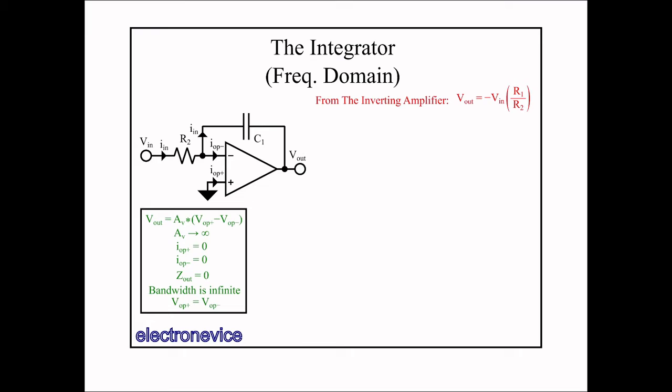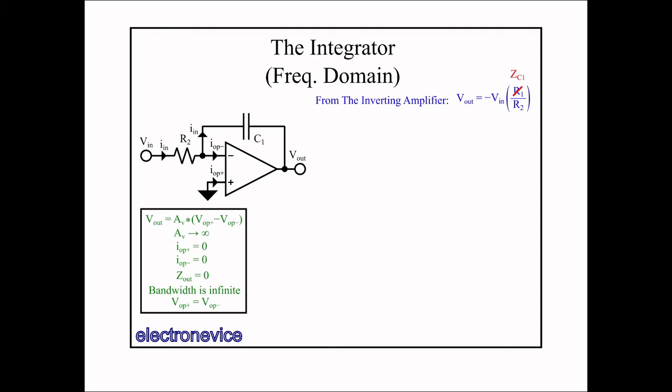So, in the frequency domain, the most straightforward analysis is to take the equation we derived from the resistor-based inverting amplifier from the previous video, and recognize that this expression will work for any impedances for the positions in the circuit that R1 and R2 occupy, be they resistive, capacitive, inductive, or otherwise. So all we need to do is replace the resistance of R1 with the impedance of capacitor C1.